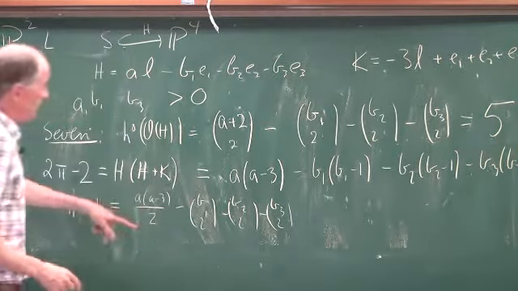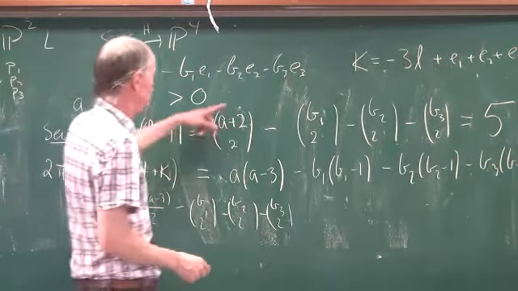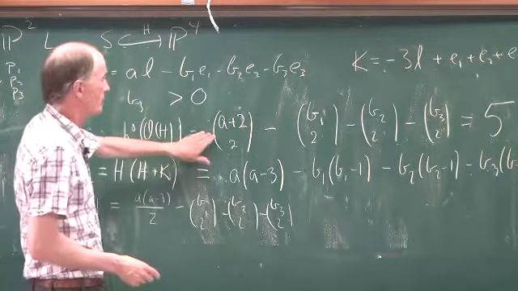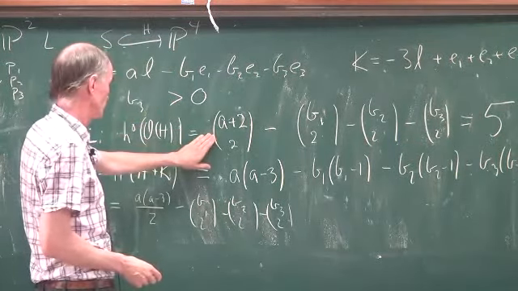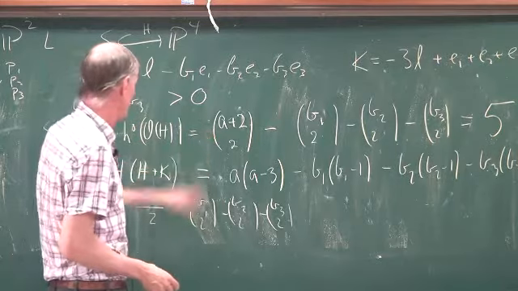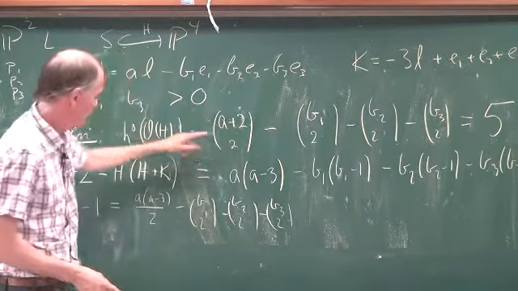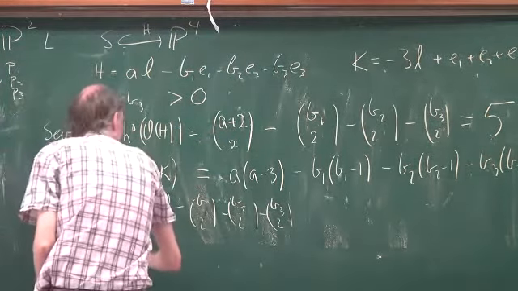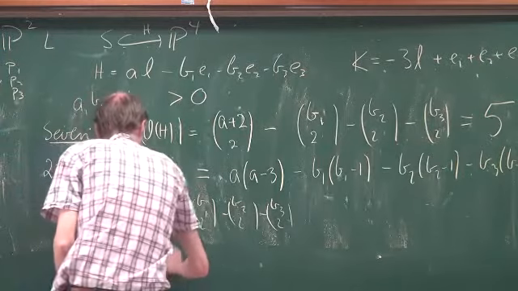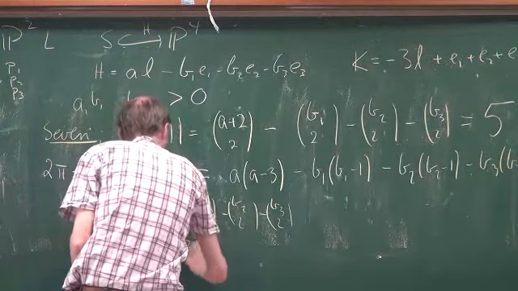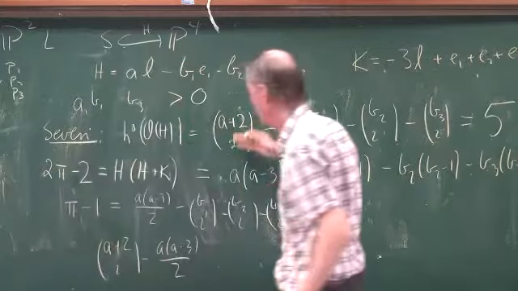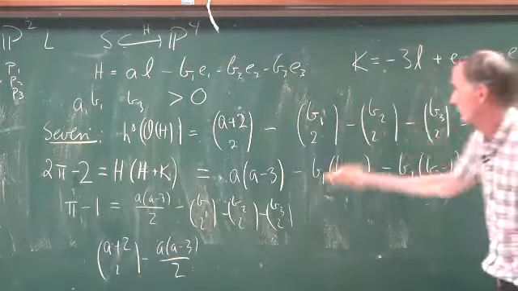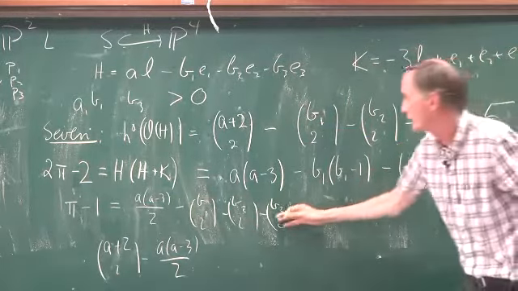And so if I subtract this here from that thing, what do I get? I get a plus 2 over 2, this guy here minus this one, minus this one, minus this one, and this one minus this one.